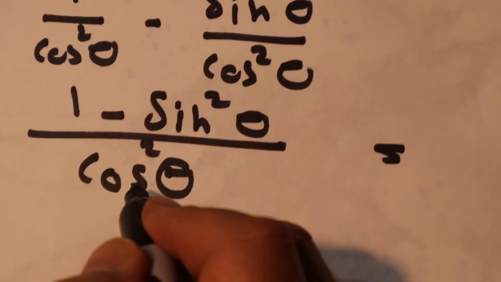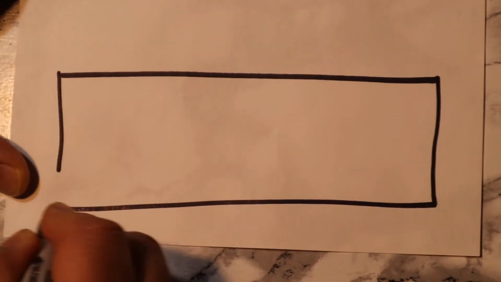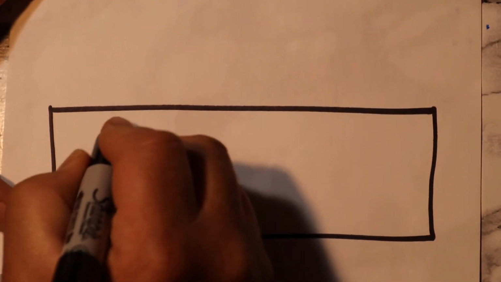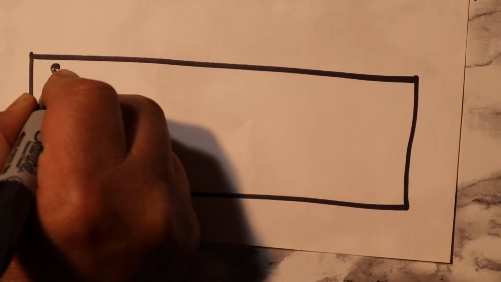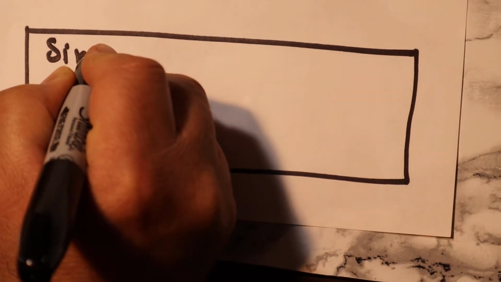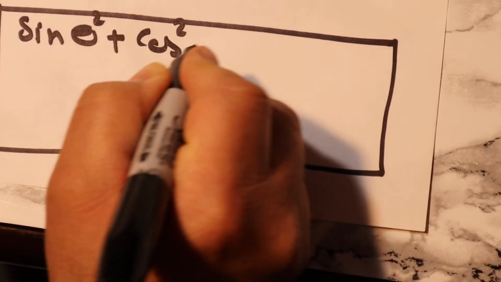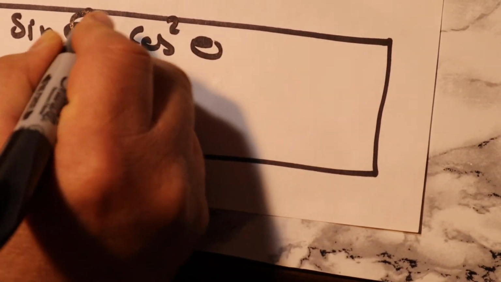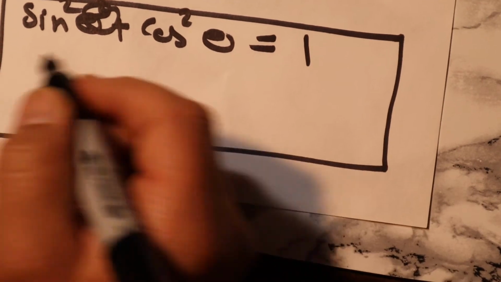Something I want you to know, and I will frame it here. Very important. That's the Bible of trigonometric functions. Sine square plus cosine square equals 1.